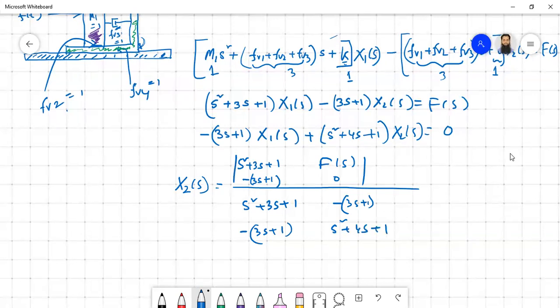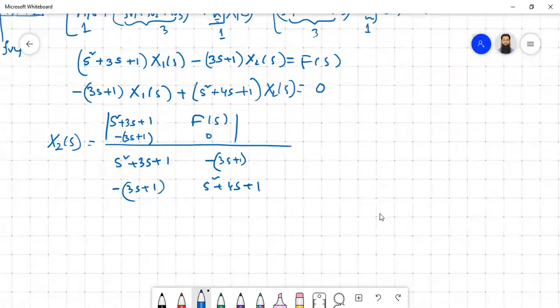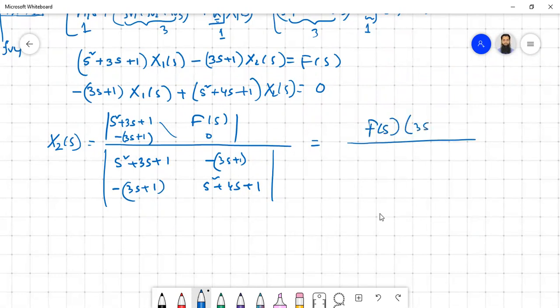So what we are going to get here is that this will be multiplied with 0, and then you have a negative, so you will have F(s) times (3s plus 1).